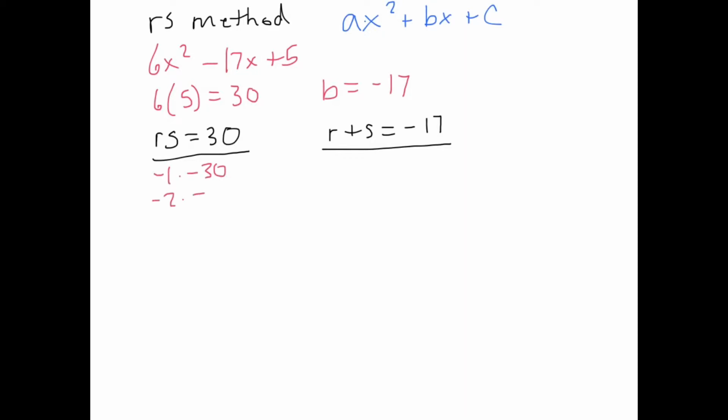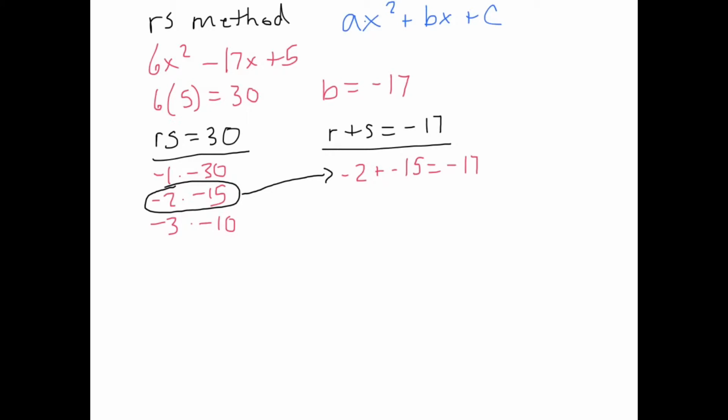2 times negative 15, negative 3 times negative 10, and there are plenty of others, but let's look at negative 2 times negative 15. These two specifically, when added together, give you negative 17. So these are what we will use for our r and s values.